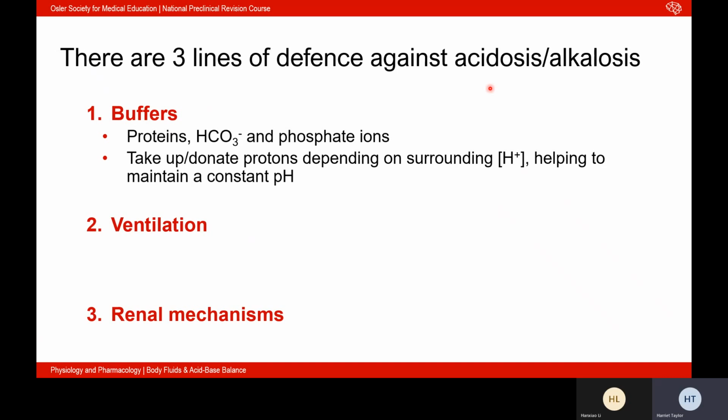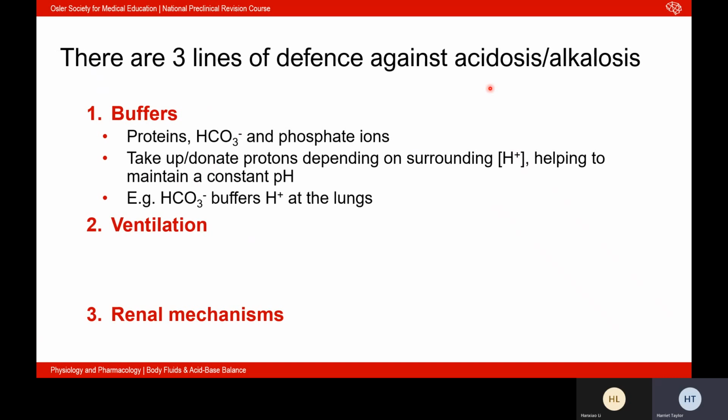So as you might remember from our discussions about hemoglobin, hemoglobin takes up protons and it kind of hides them away from the surrounding cellular milieu, which means that the protons that are bound to the hemoglobin no longer affect the surrounding pH.